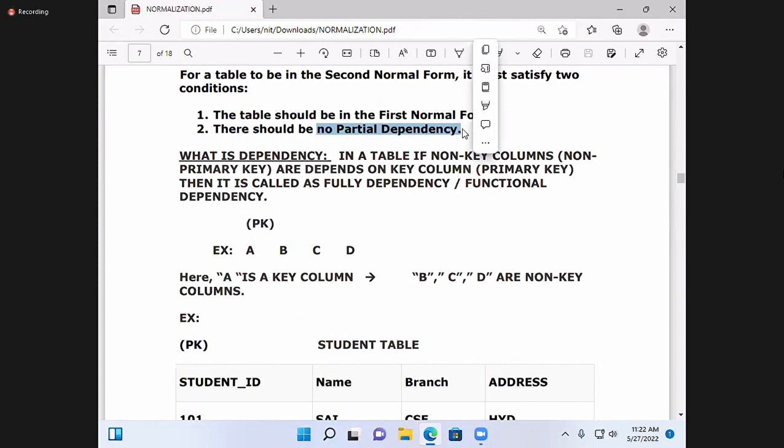That means I want to design my table without partially dependent columns, so we don't want to take that type of column in my table. In such a way we need to design. That is called second normal form. But before you understand what partial dependency is, first we need to get some idea of what dependency is.